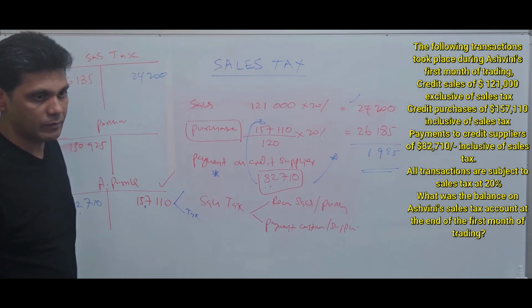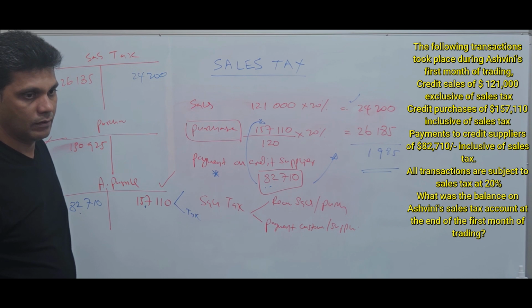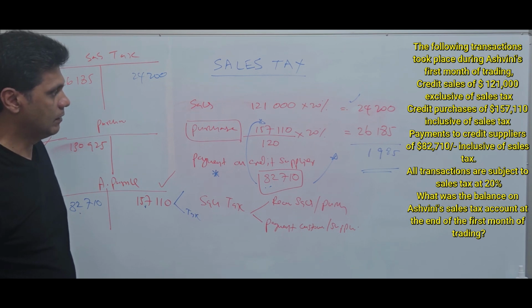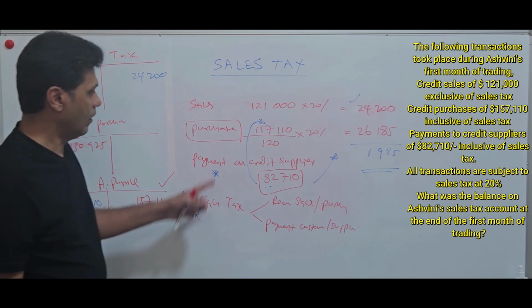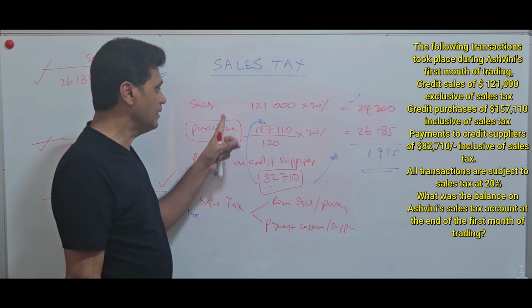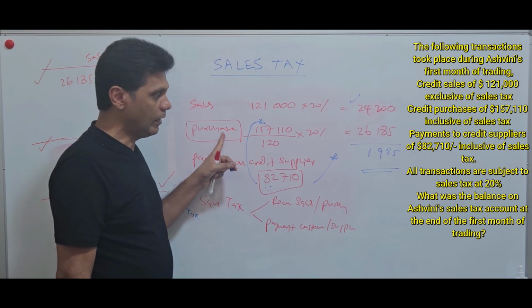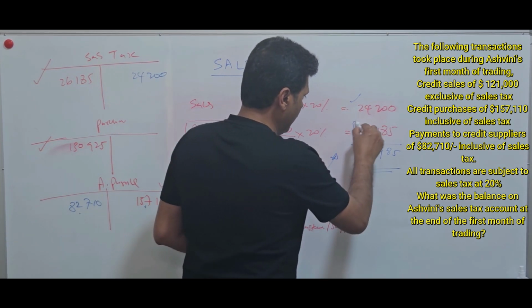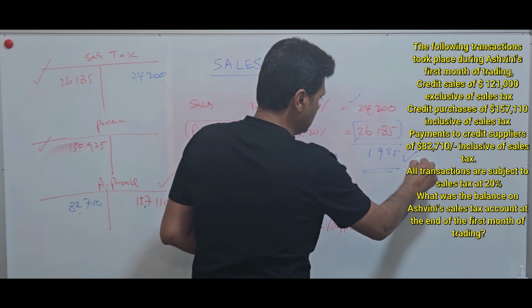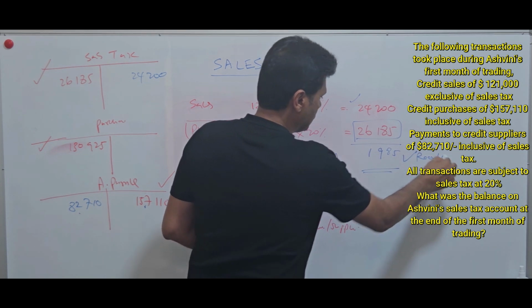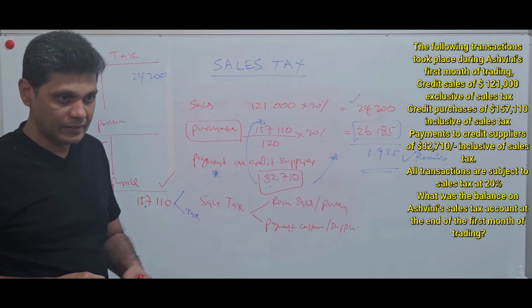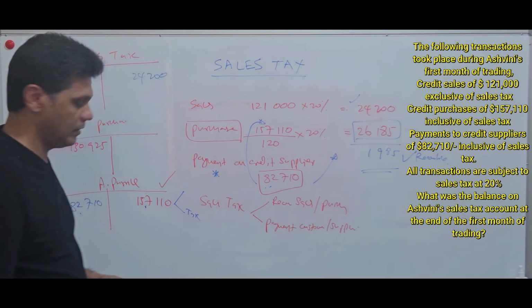Is it payable or receivable? Receivable. Why receivable? Because of purchases. Your input tax is more than the output tax, so it's a refund. You can get the refund from the department. So this is a receivable amount, and this is the answer. Is that clear? Okay, next, move on to the next question.